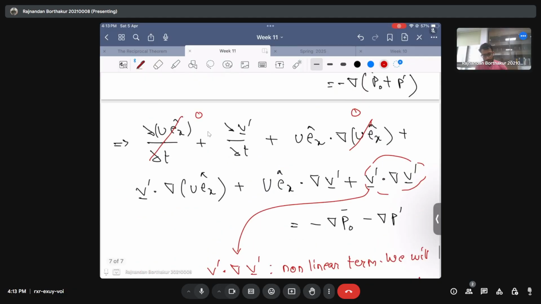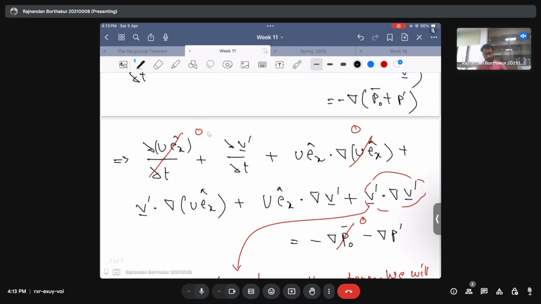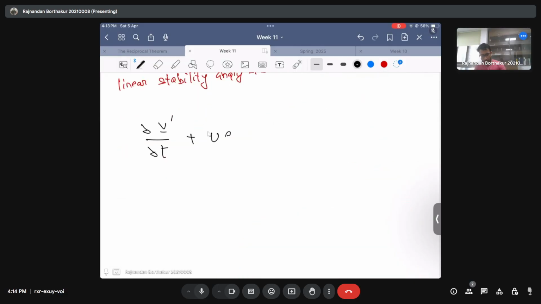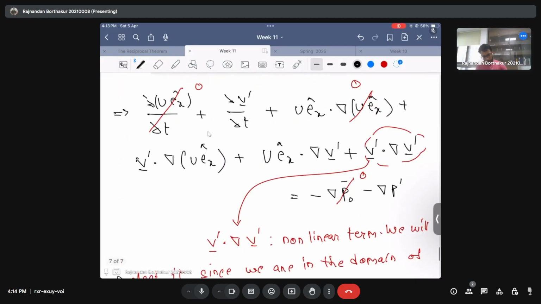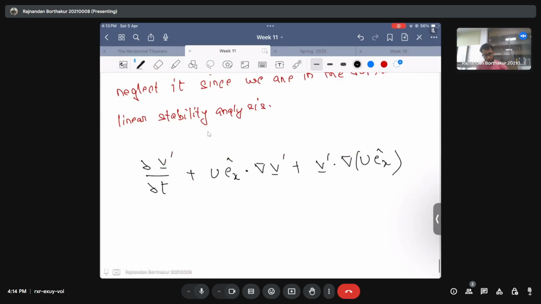Also this term is going to be 0 because I know that my p naught bar is just a constant, because the base pressure is just a constant. Which means the linearized equation which the perturbations satisfy, the linearized Euler equation, boils down to del v dash by del t plus U ex hat dot grad of v dash plus v dash dot grad of U ex equals minus grad of p dash.